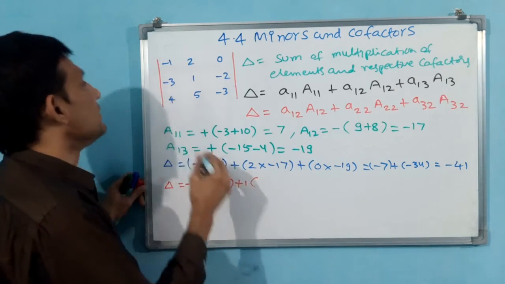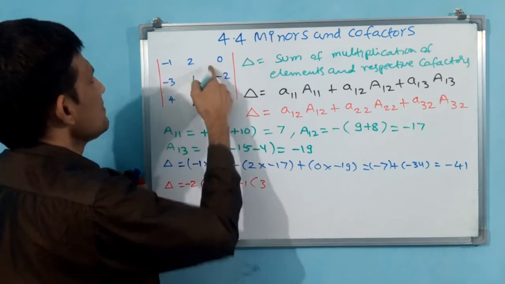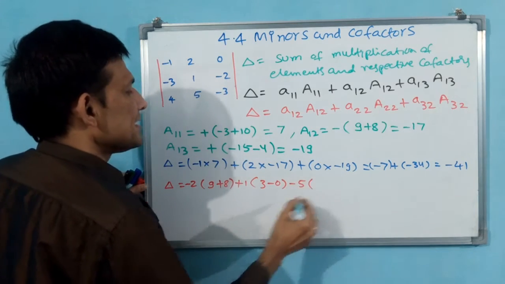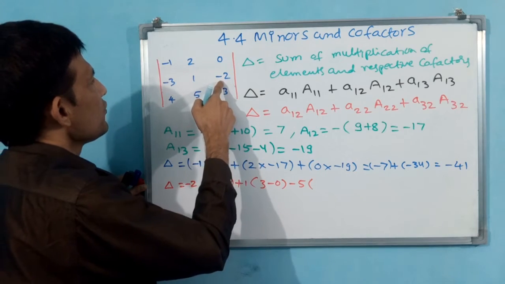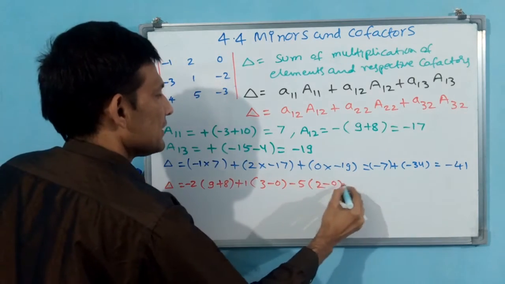Plus 1 into 3 minus 0. Then again minus 5 into 2 minus 0.